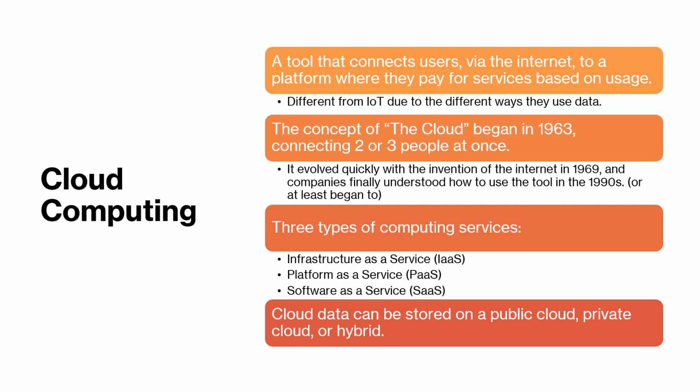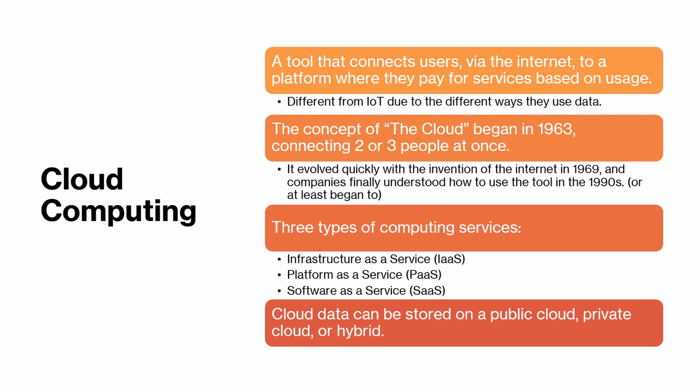So they're all similar in their own aspects, but just slightly different based on how you want to use them, or how you want to use your data, I should say. Cloud data can be stored publicly, privately, or on a hybrid. And I mean, it's quite easy to understand that one.